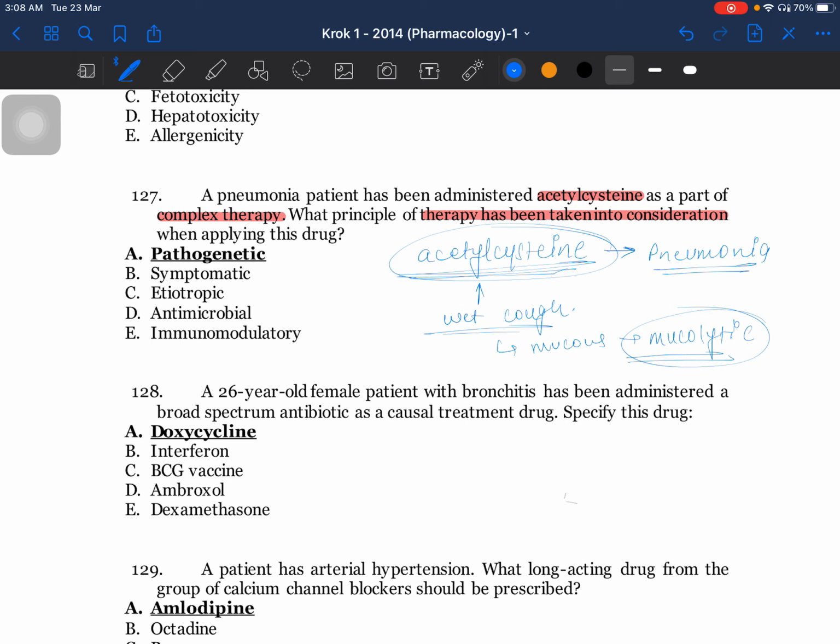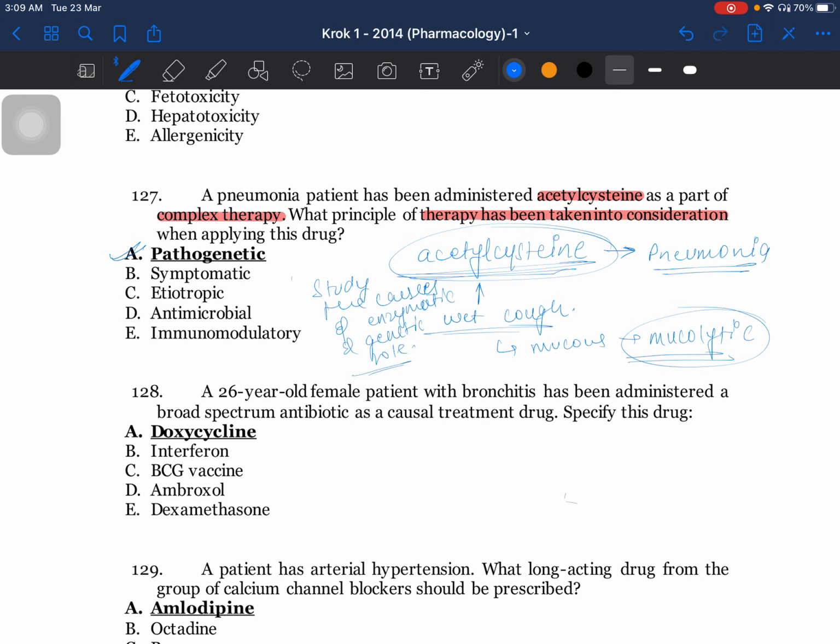And what is this type of therapy known as? This type of therapy is known as pathogenetic, where we study the cause and the enzymatic and genetic role.